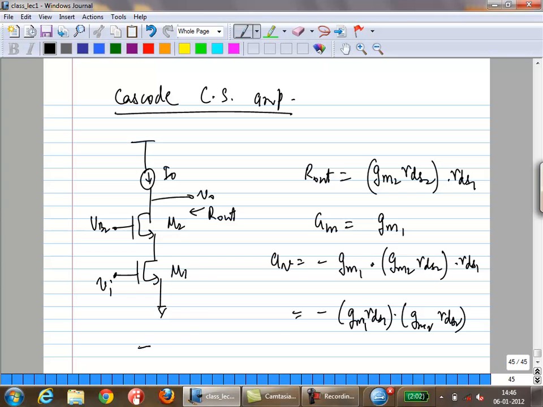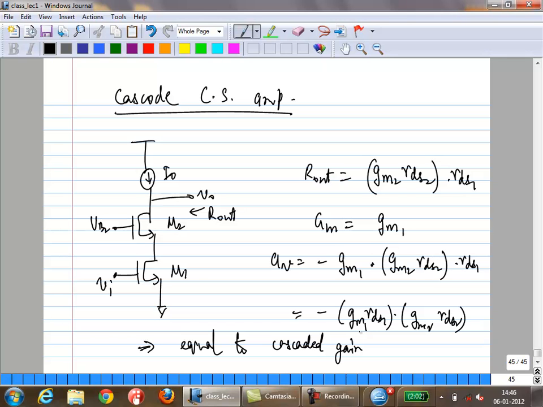So in other words, this is equal to the gain you would get if you cascaded two simple common source amplifiers. If you just have a common source amplifier with a current source, the gain of that is GM RDS. So this single stage gives you the same gain as you would get from two stages.